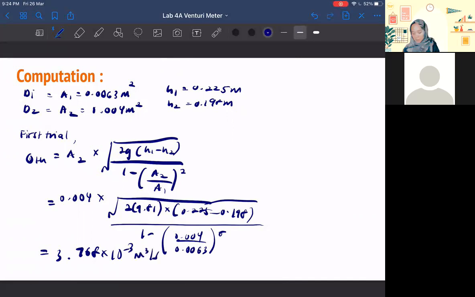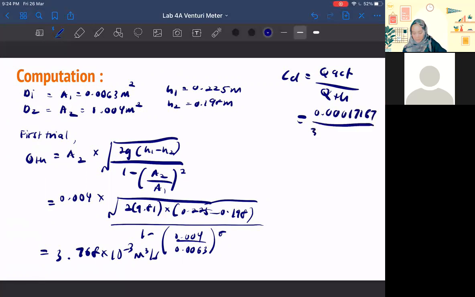And then to get CD equals Q actual over Q theory. From the tables, we can take Q actual as 0.00017167, and then we divide by 3.768 times 10 negative 3. And we will get the discharge coefficient equals 0.0456.